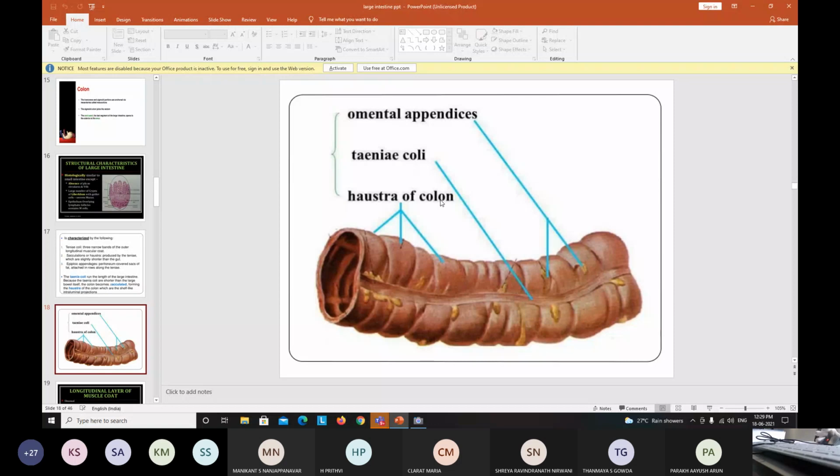In the last slide I will show the difference between the small intestine and large intestine. Remember these 3 points.